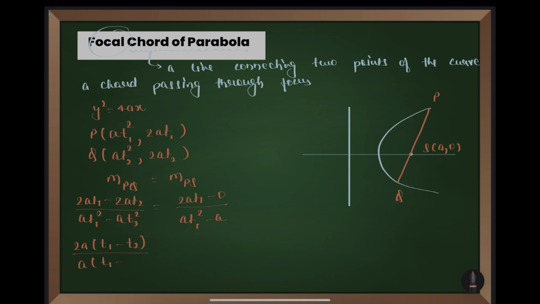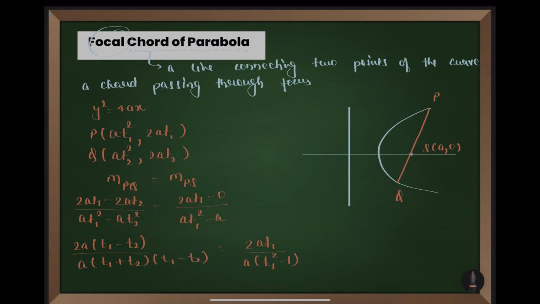It will become (t1 plus t2)(t1 minus t2). On the right side we don't need to factorize, and here we have a as common, so I'll take a outside, and you have t1 square minus 1. It's still okay, need not factorize.